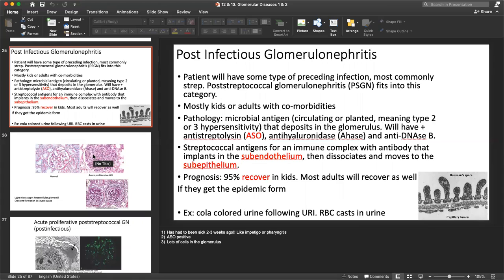So they've got deposits on the glomerulus, and they're going to have a positive ASO titer. And so we're knowing, okay, this patient had strep, and now they're having these antibodies, so anti-streptolysin.